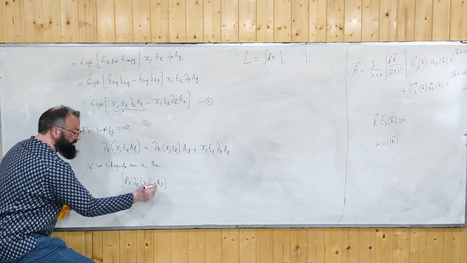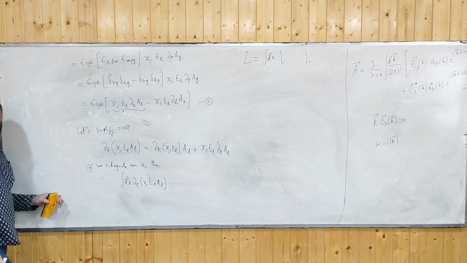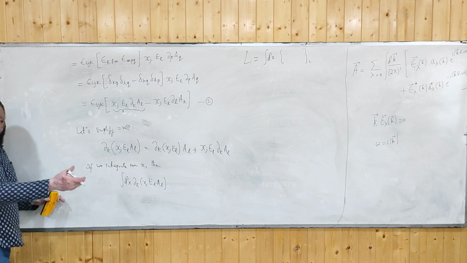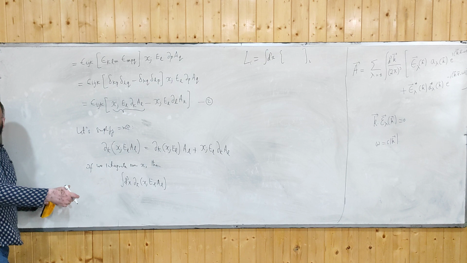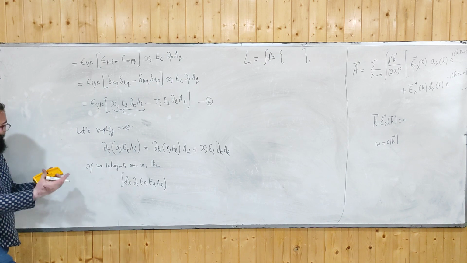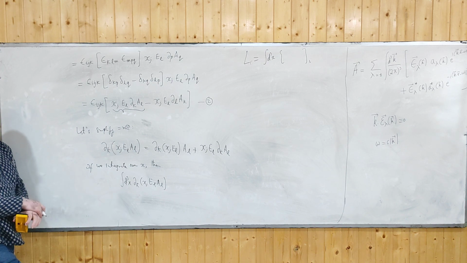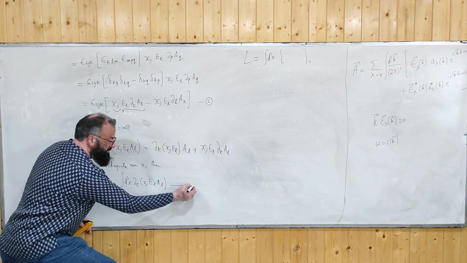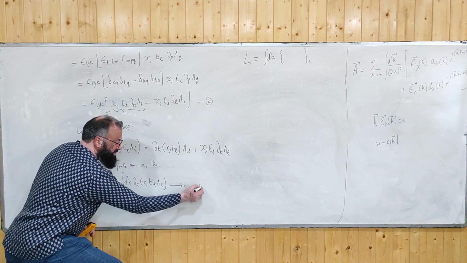Can anyone tell me what will happen to this very term? You integrate over it, it's a total derivative term. So you can make it a surface term by Gauss theorem, is it? So what will happen to it? It will go to 0 because the field vanishes at the boundary.